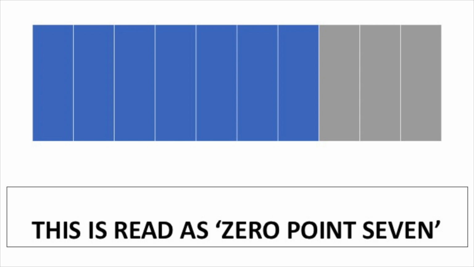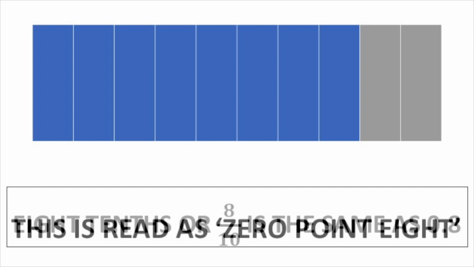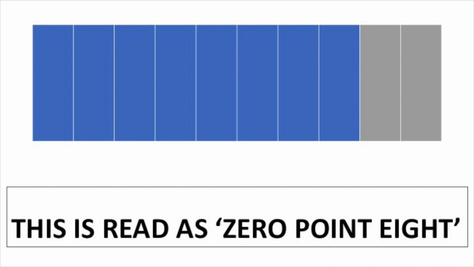And in this case, this is read as 0.7. And then we have 8/10, which is the same as 0.8, which is read as 3 words, 0.8. And now one more before the whole.